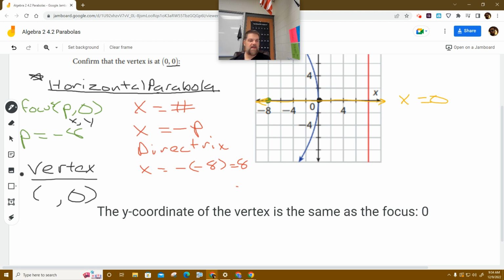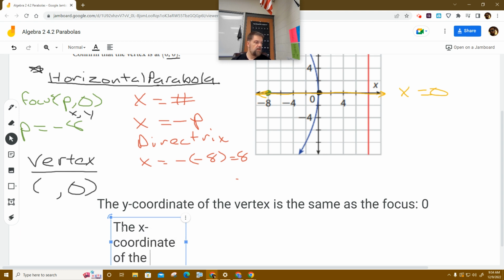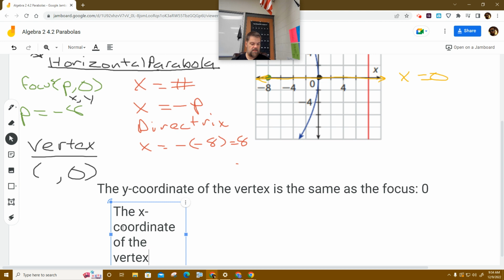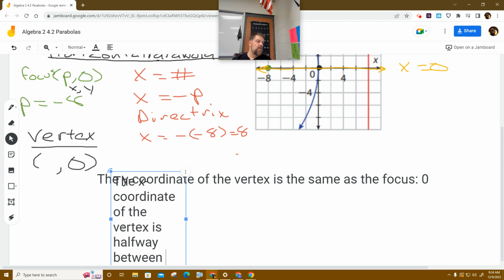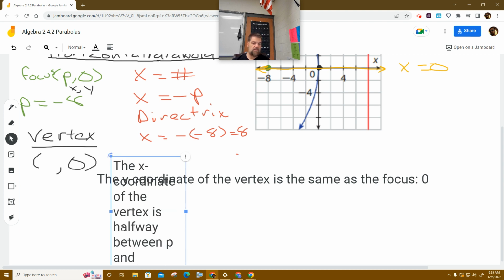So what that means is that the x-coordinate of the vertex is halfway between p and negative p.